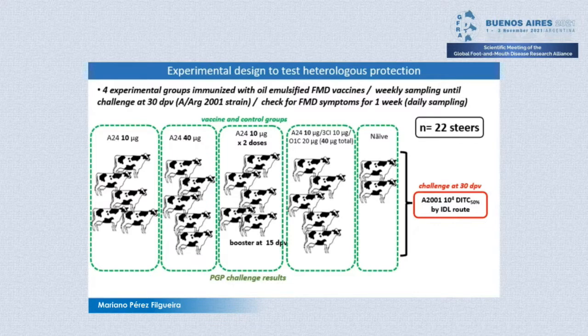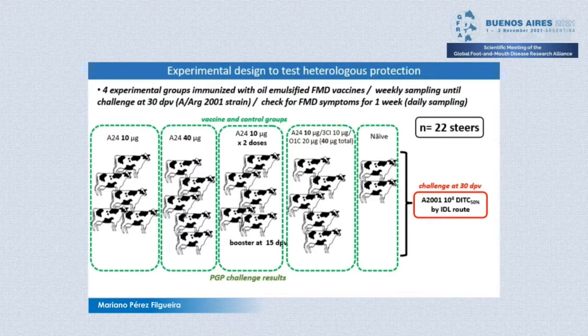The fourth one received a trivalent vaccine carrying the same amount as the high payload. We used as a challenge strain the A Argentina 2001, which we knew from our previous experience was not protected very well by the A24 Cruzeiro vaccines.